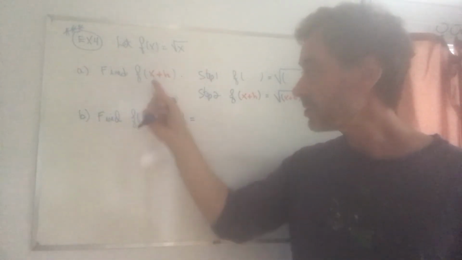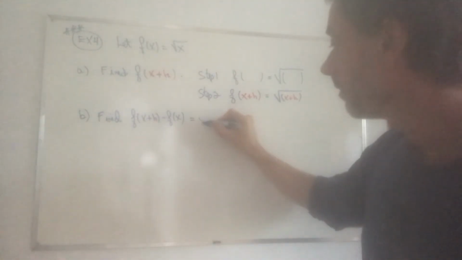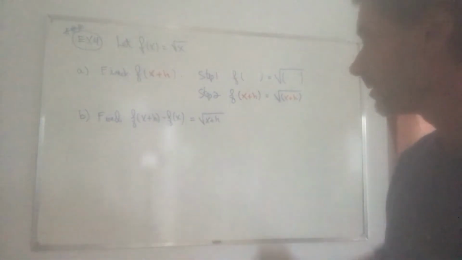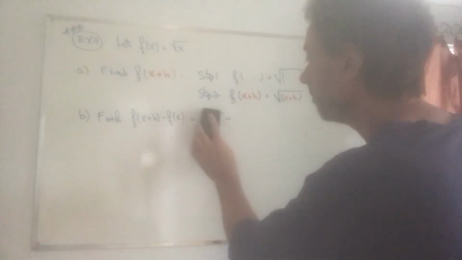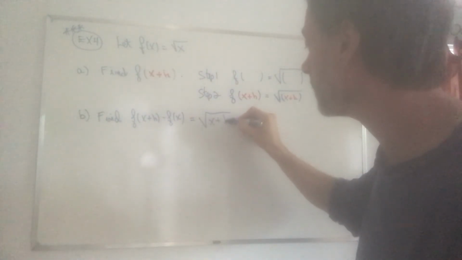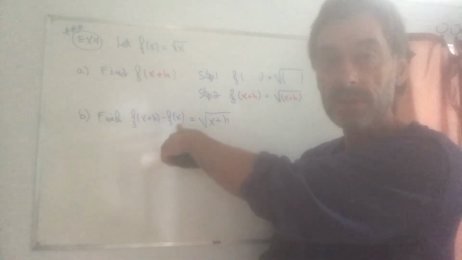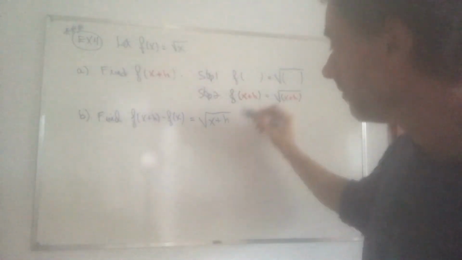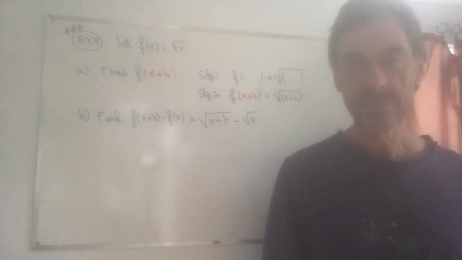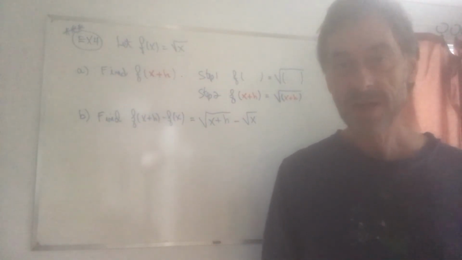F of x plus h we have found is the root of x plus h. That's too small. You probably can't read this. I'll make it a little larger. Root of x plus h minus f of x. Well, f of x is given. Minus root x. Good? Ça va?